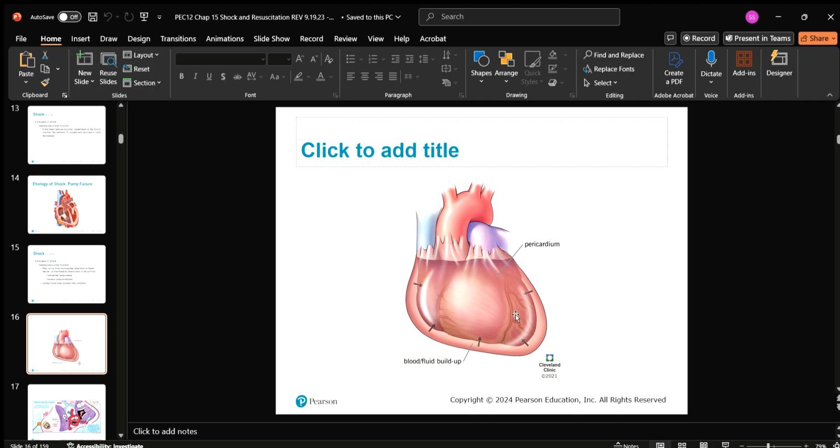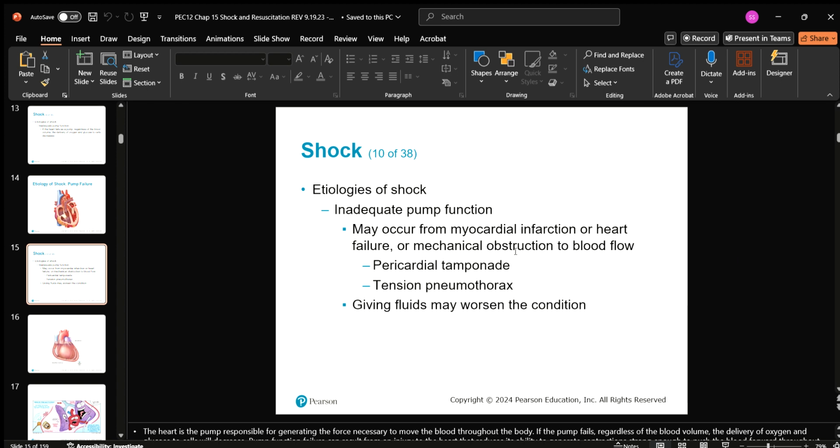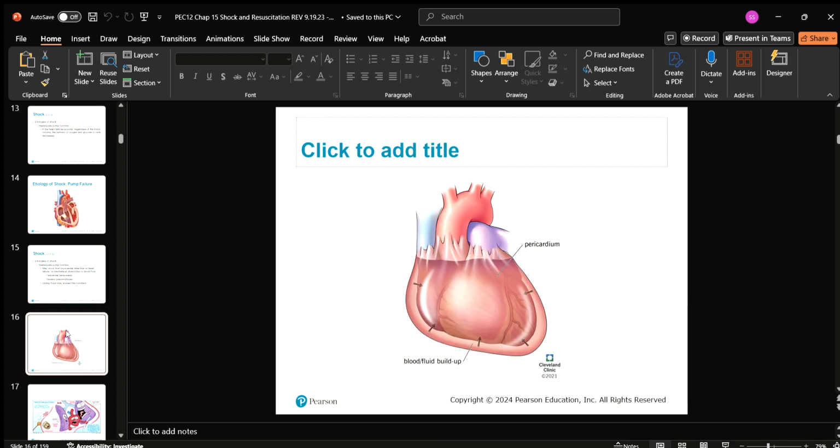So whoever was filling this out, this is what we're talking about here. I got JVD, muffled heart tones. This is what we're going to see on a pericardial tamponade. So this is a problem with the pump, right? This is a mechanical obstruction. All right, so that's a pericardial tamponade.